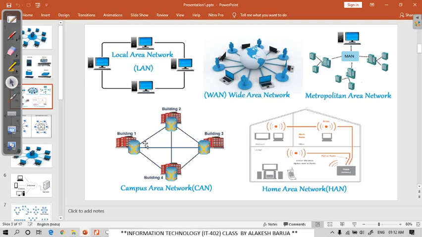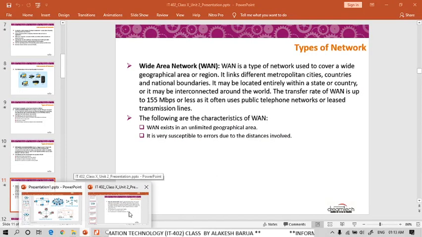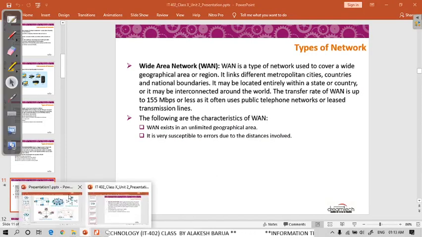Let's say there is a LAN here, a LAN here, a LAN here, and a LAN here. These are all connected together. That becomes a campus area network. Campus area networks, if they are interconnected together, become a metropolitan area network, and MANs connected together become a wide area network.